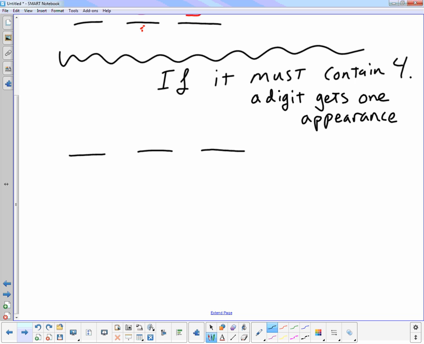Now, the 4 has to live somewhere. Okay? He could live in the first space, the second space, or the third space, but he has to live there. So let's deal with the 4 living in the beginning. How many choices do I have now for here? If I can only use a letter once, I've already used up my 4. I've only got 4 left to play with. All right? And now how many do I have here? 3.